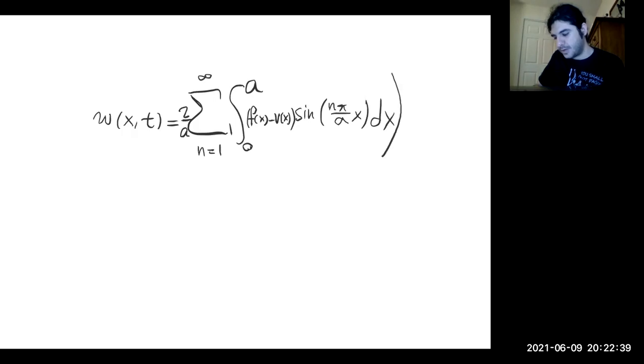This was the coefficient, the whole integral, times sine of n pi x over a. And then we have this summation.